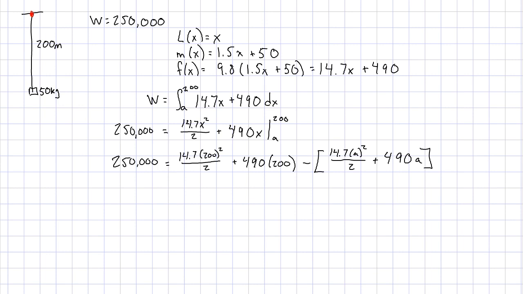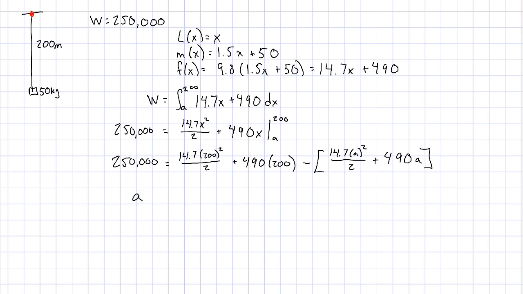So when I do all the math there, I'm not going to show it because I showed that in the previous part. But I'm going to simplify these so that I just have a quadratic. I'll subtract the 250,000 over to the right-hand side so I can set it equal to 0. And then I'll use the quadratic formula to find the solutions.